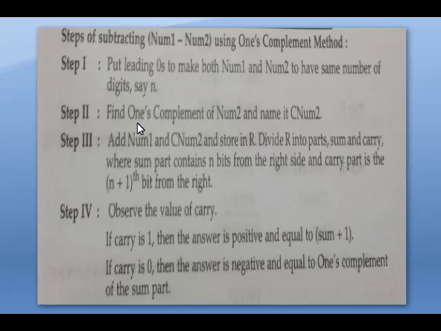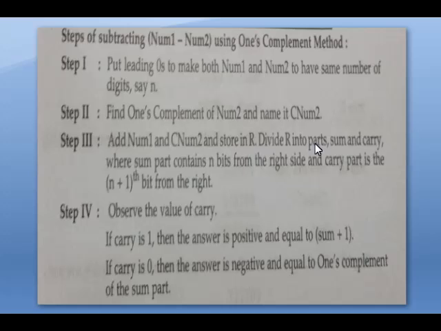Then we have to find the ones complement of number 2, where all the ones become zeros and zeros become ones, and name it C num2. Now in step 3, we add number 1 and this ones complement number, and store the result in R.